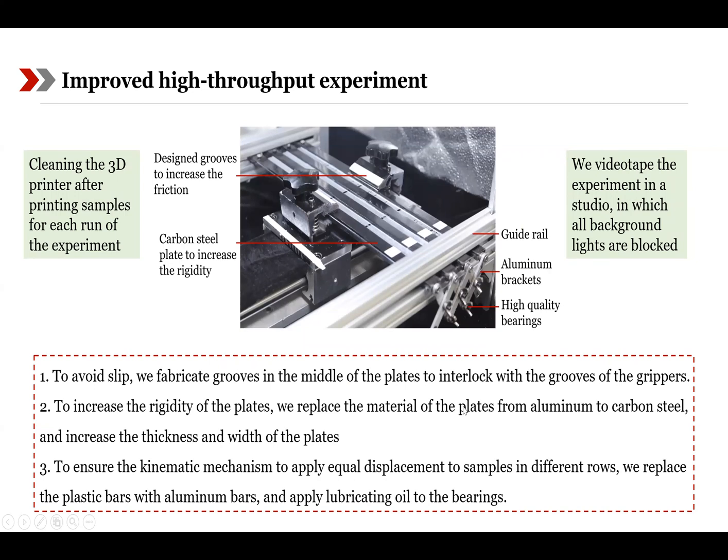For the experimental environment, we videotape the experiment in a studio in which all background lights are blocked. And for sample preparation, the differences between the samples in different rounds are minimized once we clean the 3D printer after printing samples for each round of the experiment.